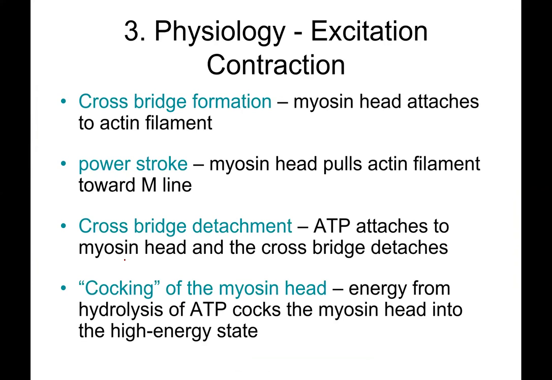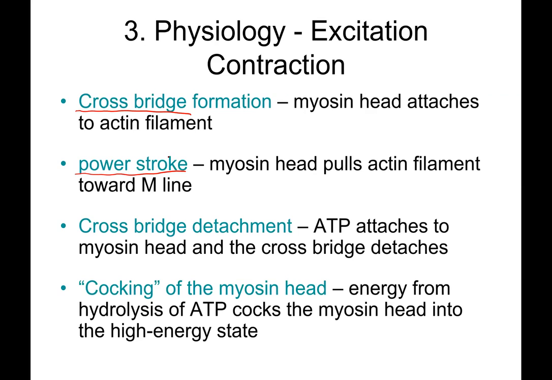So there's a couple of terms that you need to be familiar with when it comes to actin and myosin and the myosin heads latching on. One of them I've used, and that's this term cross bridge. Anytime myosin attaches to actin, we call that a cross bridge. Anytime myosin pushes actin towards the middle to get the sarcomere to shorten up, we call that a power stroke.